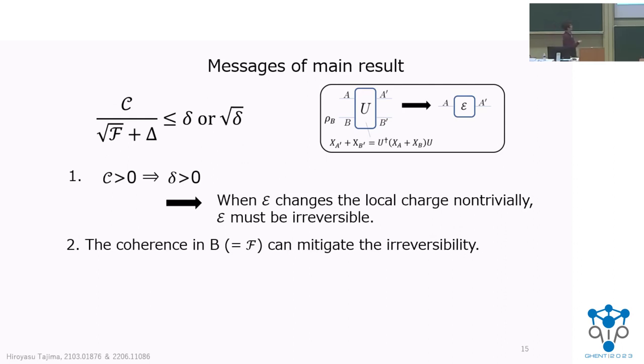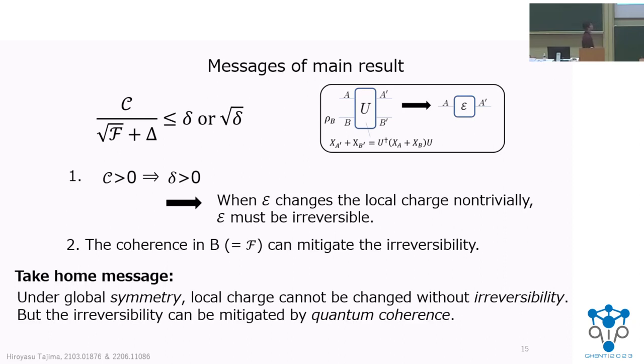And the second message is the coherence in B here can mitigate the irreversibility. In fact, when the F becomes large, then the left-hand side becomes small, so we can make the irreversibility small. We can check this effect using many concrete examples.